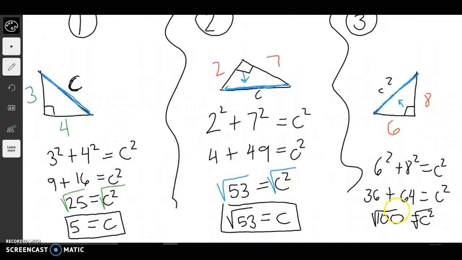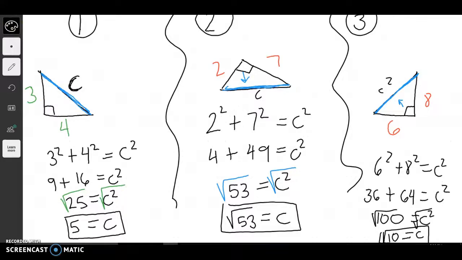Then I would take the square root of both sides and get that 10 is equal to c. So again, if you can simplify the square root, simplify the square root. If you can't, well then, you just leave it in the square root and try to simplify as much as you can. Let's look at if we don't know a side instead of the hypotenuse.